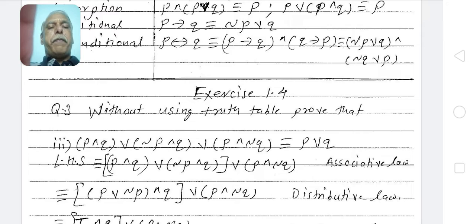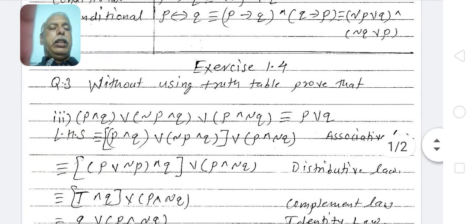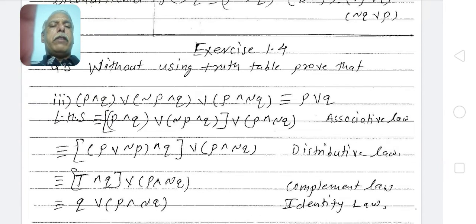What is the question? P and Q, or negation P and Q, or P and negation Q is equivalent to P or Q. On LHS, there are 3 brackets, right? Now, we can combine the first 2 brackets. We can consider association.